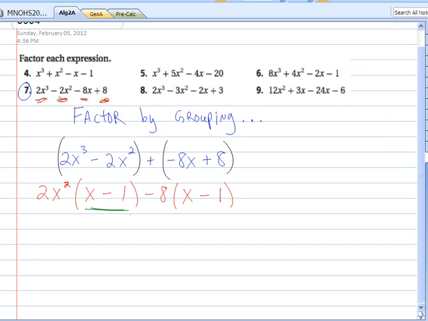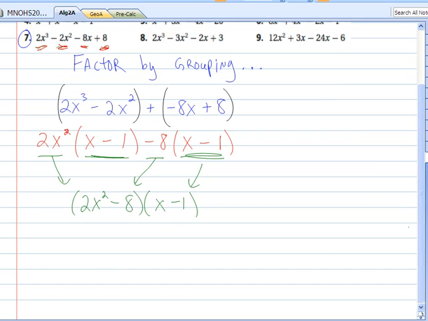These two things have to be the same. What you're left over with, those two things have to be the same, or factoring by grouping will not work. Then what you do is you take the 2x squared and the negative 8, and you put those together, 2x squared minus 8, and then you take only one of these, x minus 1.